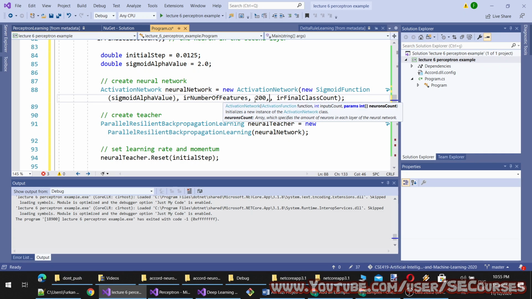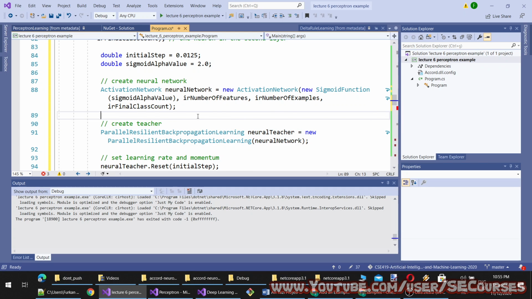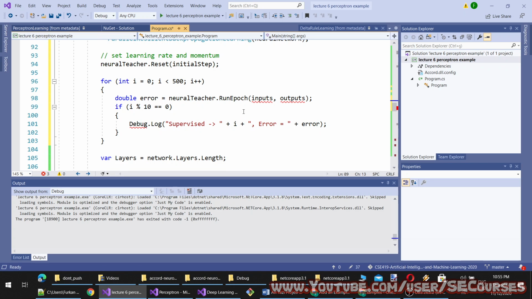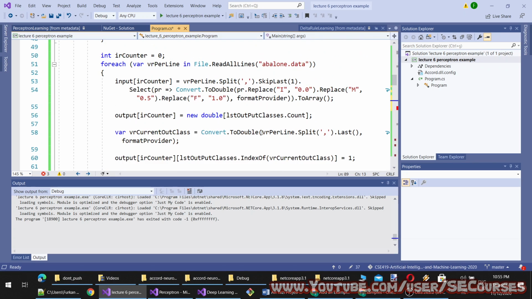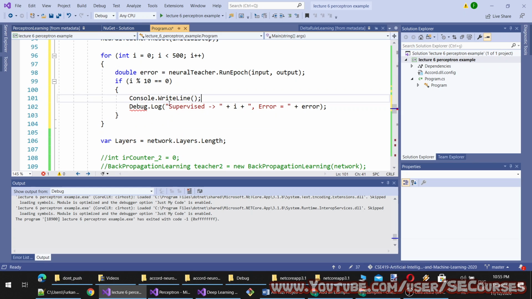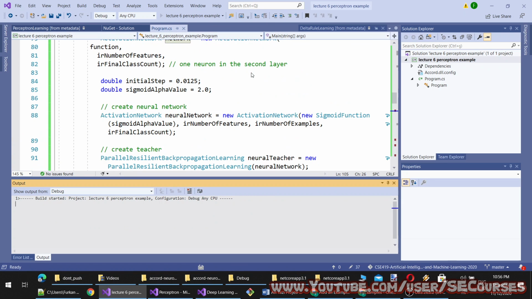Let's put that. Okay, momentum. Then it takes inputs and outputs. So this will be console write line. This will run for 500 iterations. I hope it works.